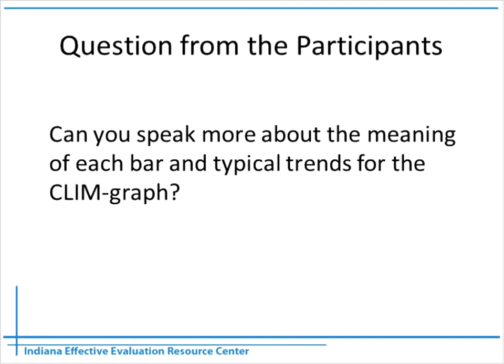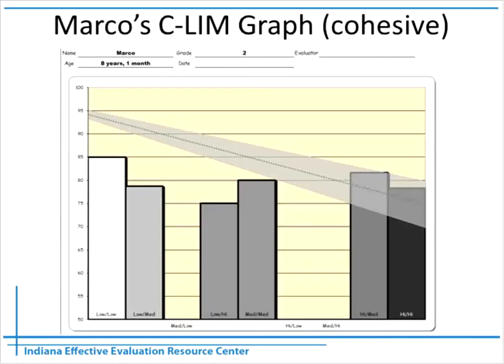That's a great question, and I'm going to answer that in terms of the graph that is generated from the data that I was just showing you with Marco. So here's his data from the cohesive results, and here's what we have. Now, what the graph does is it's really just a portrayal of the aggregate scores that were shown on the Cultural Language Interpretive Matrix.